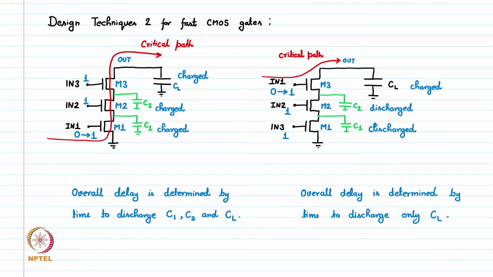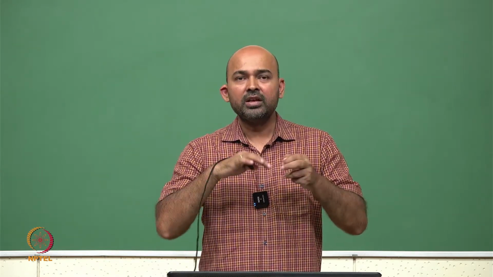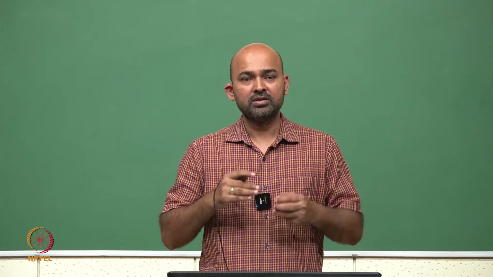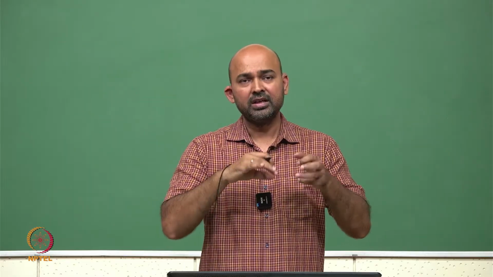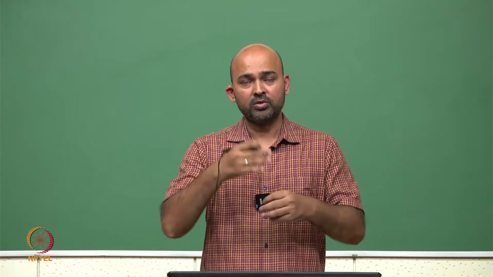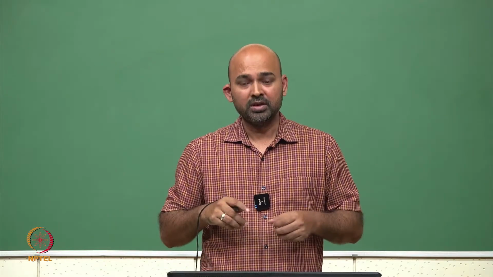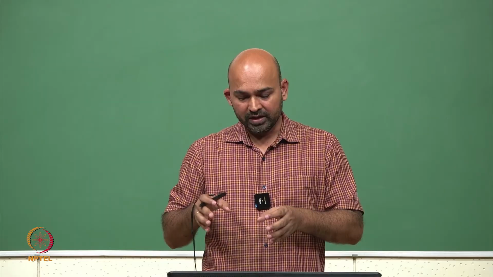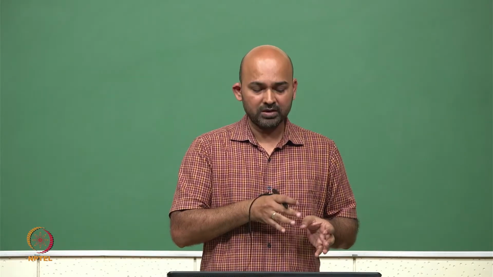So this is one of the techniques by which we can reduce the overall delay of a CMOS circuit by just reordering the input pattern we apply on the circuit. So we can either rearrange the input pattern or we can just swap the NMOSes from top to bottom with its input, and we can see the critical path actually changes and overall delay is lesser compared to the previous stage.